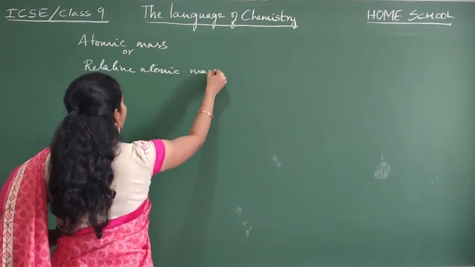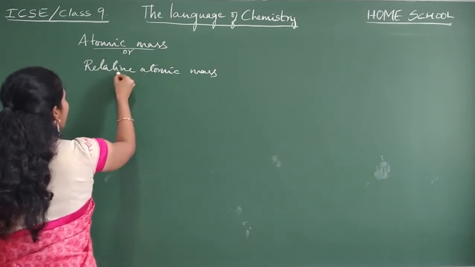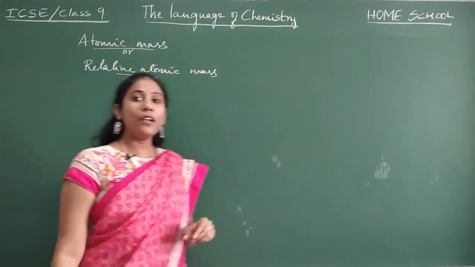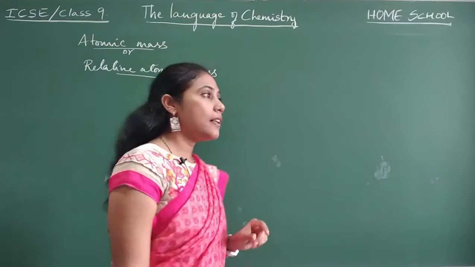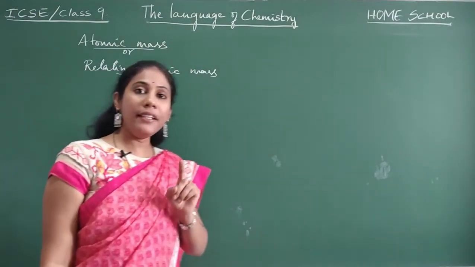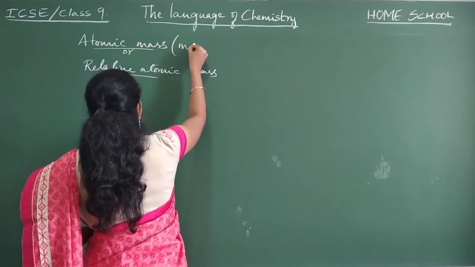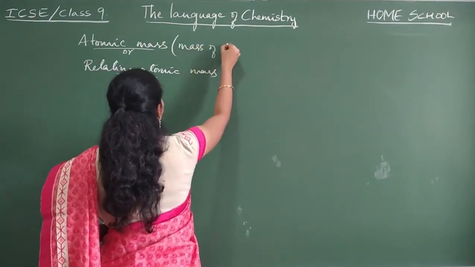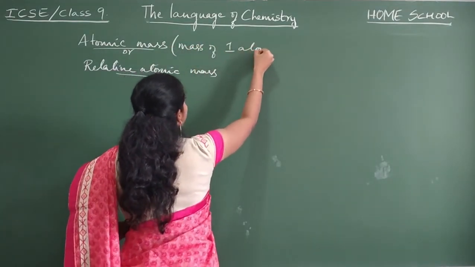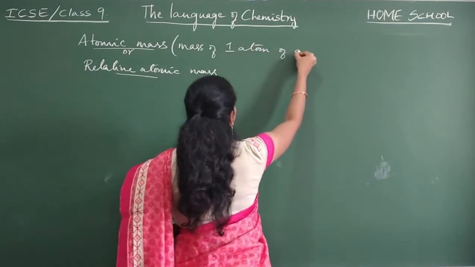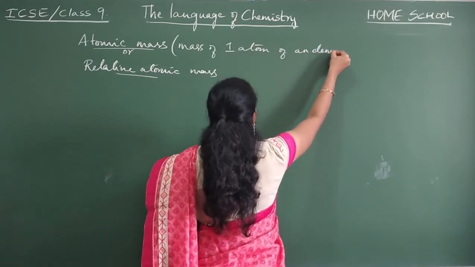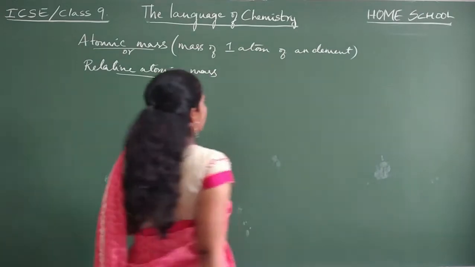So normally, what do you mean by atomic mass, guys? Atomic mass is nothing but the mass of one atom of an element. Mass of one atom of an element is called atomic mass.